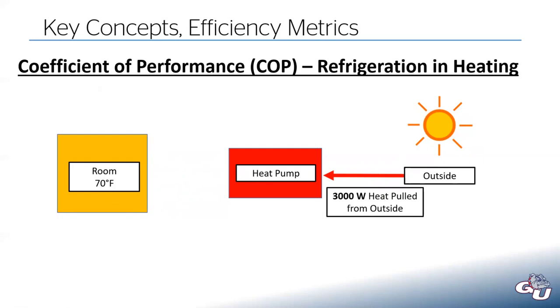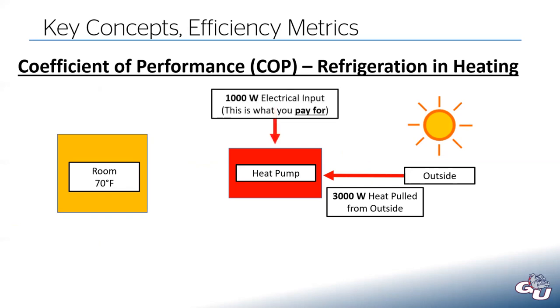And even if it's really cold outside, say it's 5 degrees outside, really cold day, a heat pump can still pull heat energy from that air. There is still some heat content there from which to pull from. It's not exactly easy to do, but it can do it.